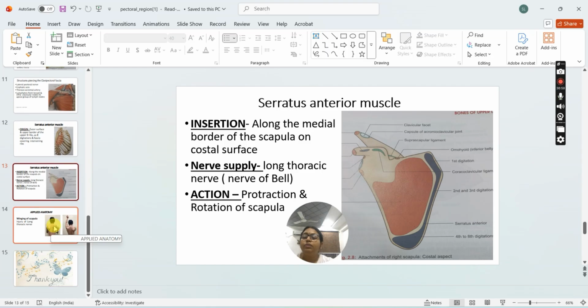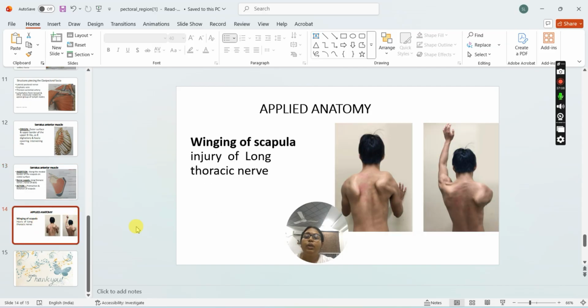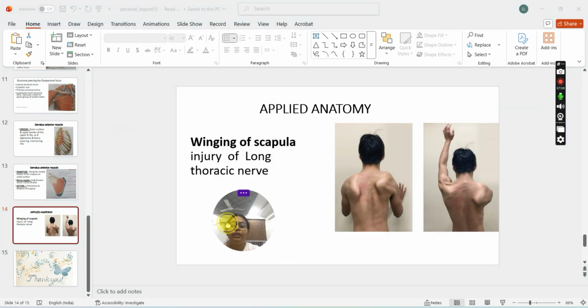Along with that, I told you there is the nerve supply for the serratus anterior through a long nerve called the nerve of Bell or long thoracic nerve.